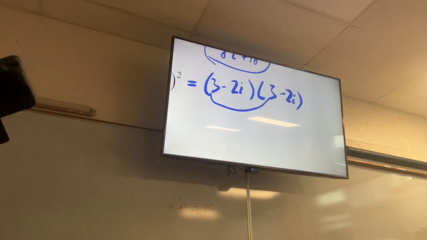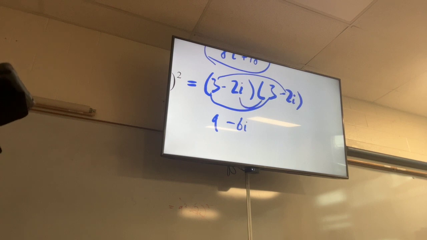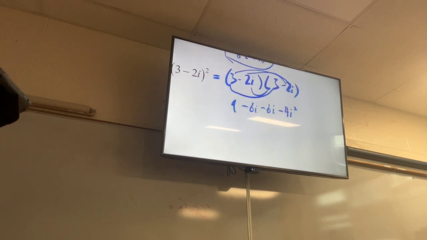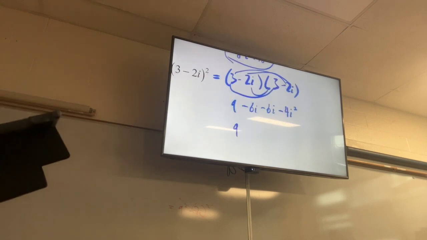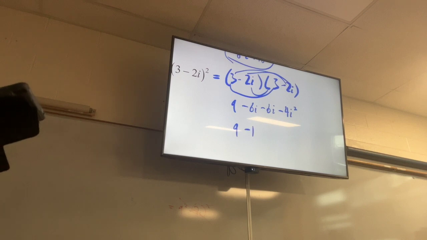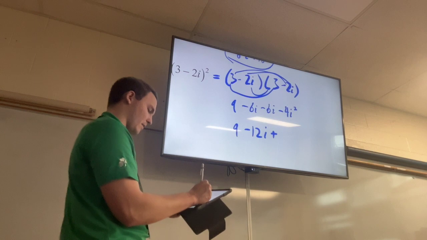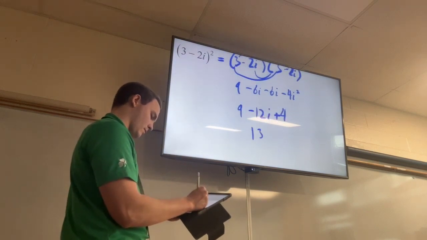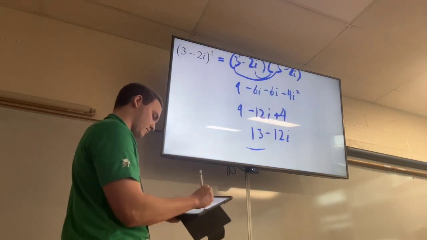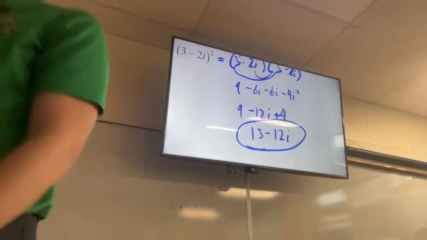So let's FOIL that first. Outer, inner, last. Okay, 9. The minus 6i's combine to minus 12i. Minus 4i squared becomes plus 4. So 13 minus 12i. Okay.